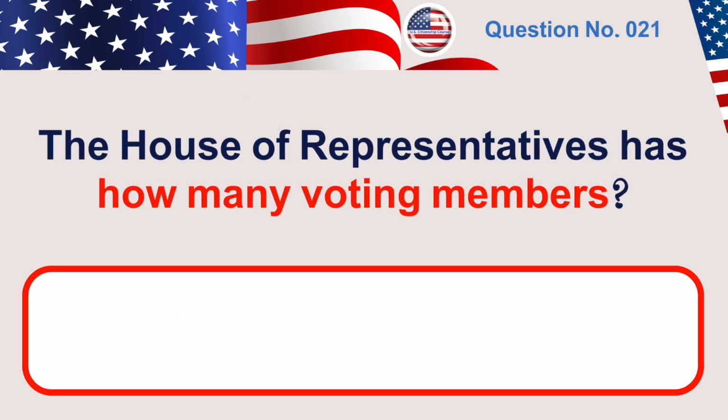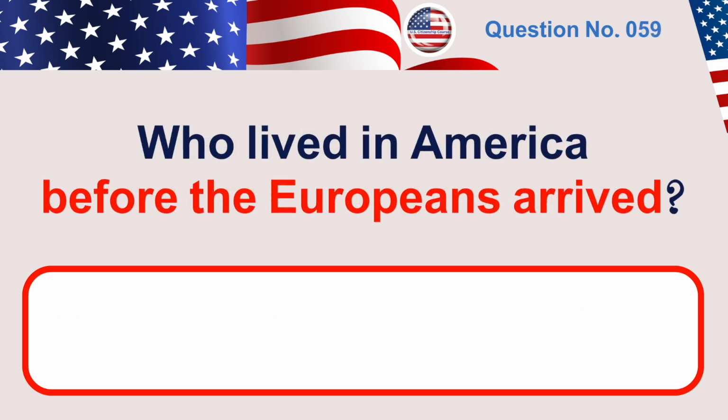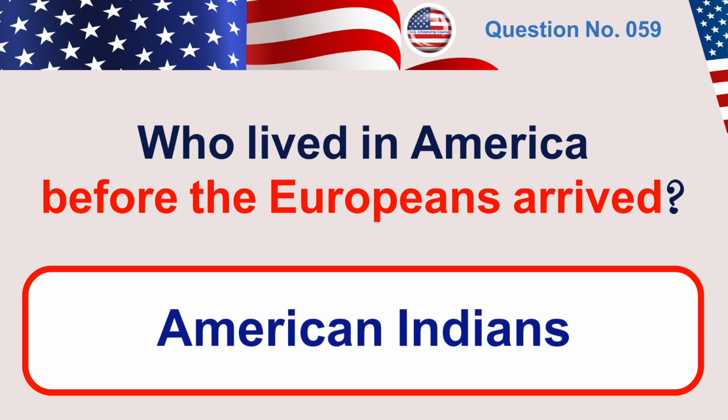The House of Representatives has how many voting members? 435. Who lived in America before the Europeans arrived? American Indians.